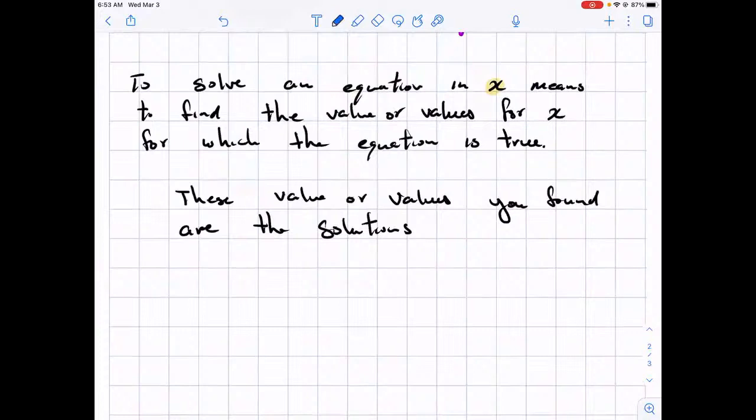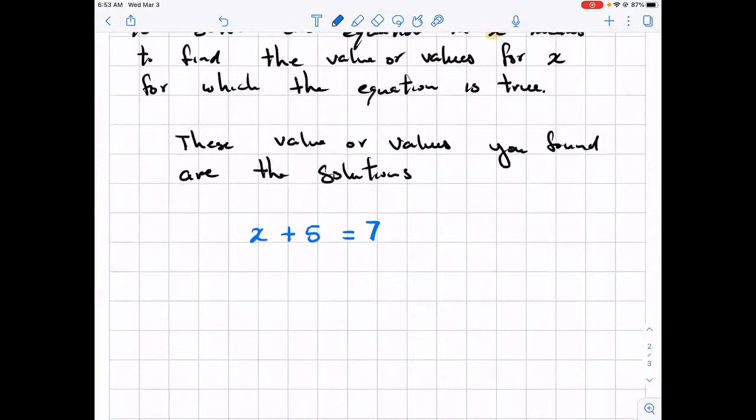An example of this: X plus 5 is equal to 7. So what should X be so that when you add it to 5, you get 7? We know that X is equal to 2, and that is the solution.